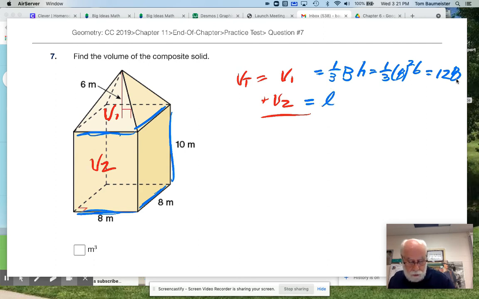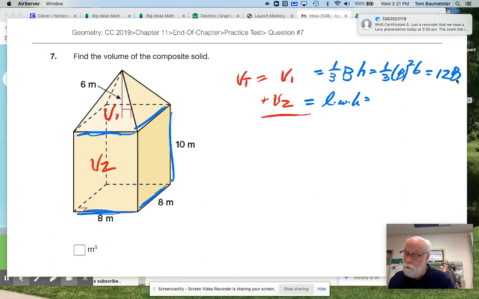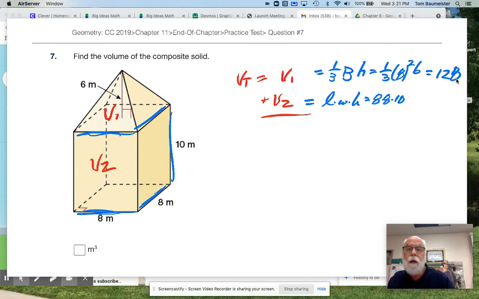So we're going to say length times width times height, which will equal 8 times 8 times 10, which will equal 640. Again, if I add those up, I'll get 768. Remember, volume is always cubed, but they're already telling you it's cubic meters.